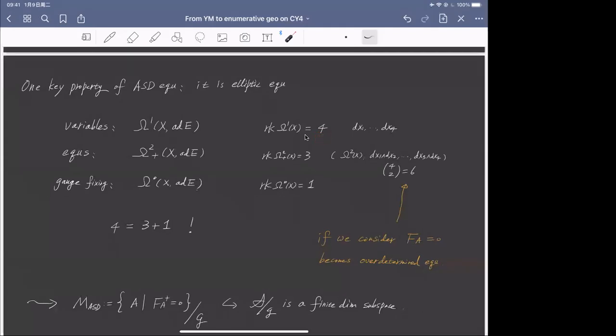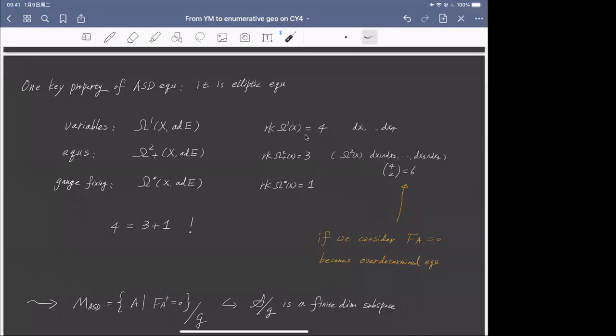Similarly, you can consider the space of 2-forms. Because 4 choose 2 is 6, this has rank 6. Explicitly, it is spanned by dx1 wedge dx2, dx1 wedge dx3, and so on until dx3 wedge dx4. So you can easily see that there are 6 such generators.